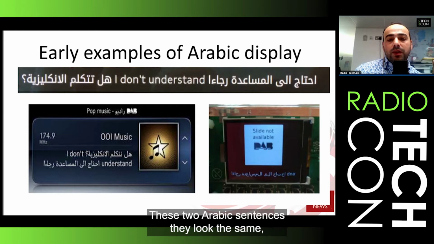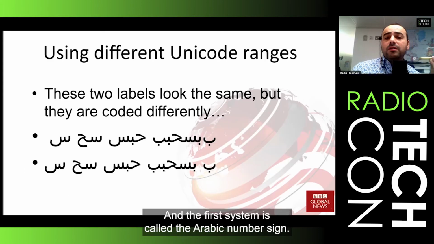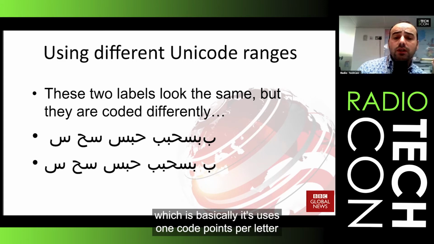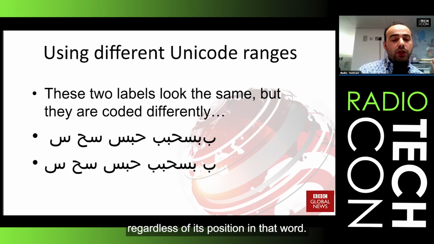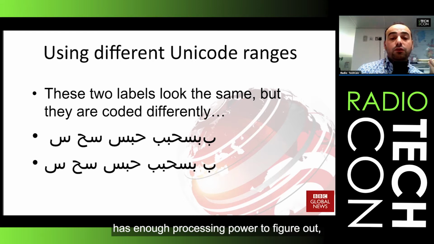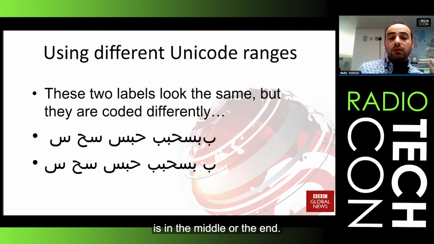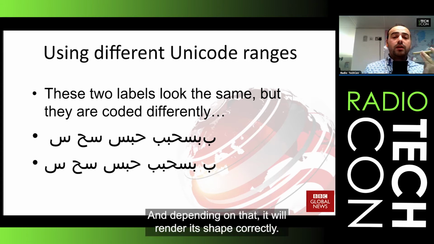These two Arabic sentences look the same, but they are coded differently. The first system is called the Arabic number sign. This is a Unicode system which uses one code point per letter, regardless of its position in the word. So obviously, the receiver or the device here has enough processing power to figure out whether the letter is at the beginning of the word, in the middle or at the end, and depending on that, it will render its shape correctly.